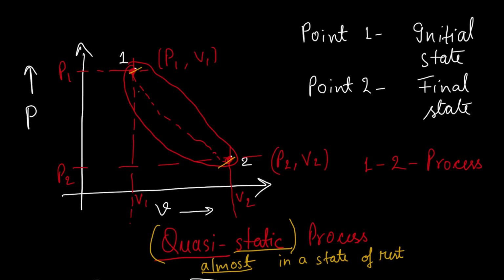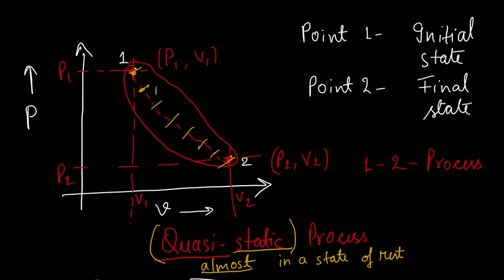So in between, it goes through all these paths. But at all these paths, the system was never in equilibrium. There was a thermal, mechanical, chemical imbalance in the system. So it was never in thermodynamic equilibrium.